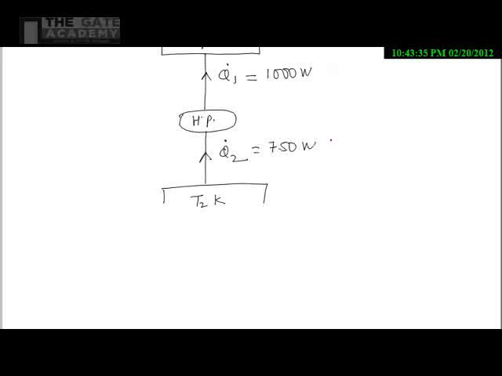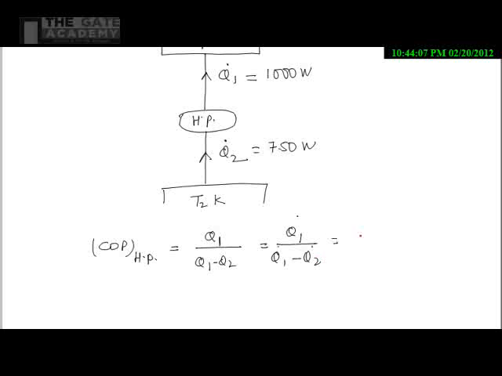So remember one thing, it is not mentioned that it's a reversible heat pump, so we have to always take the general heat pump and the general formula for the COP of a heat pump. The COP of the heat pump will be Q1 dot divided by Q1 dot minus Q2 dot.